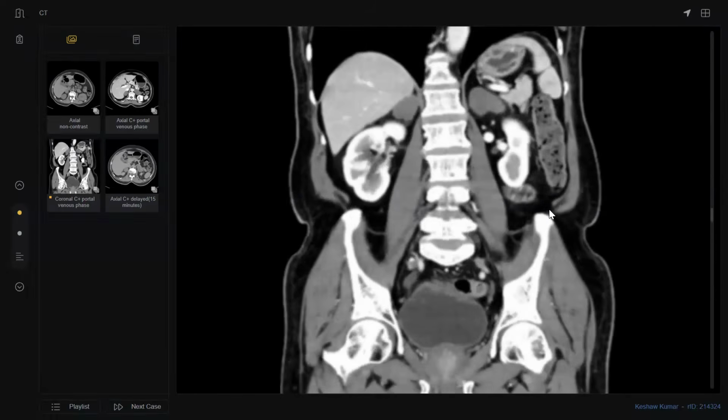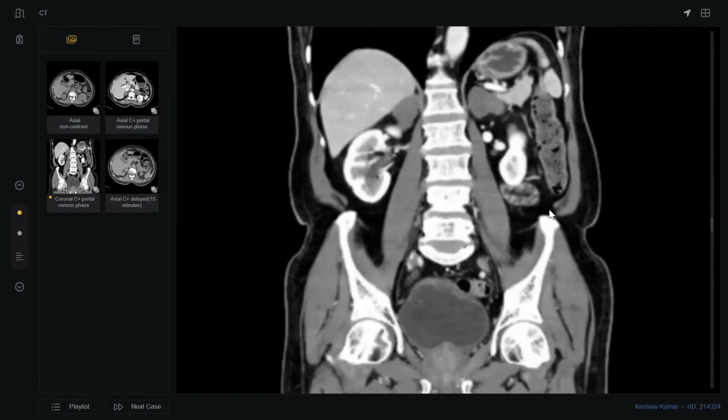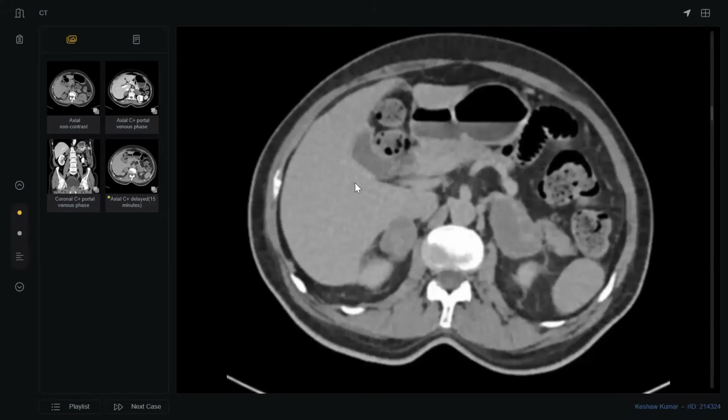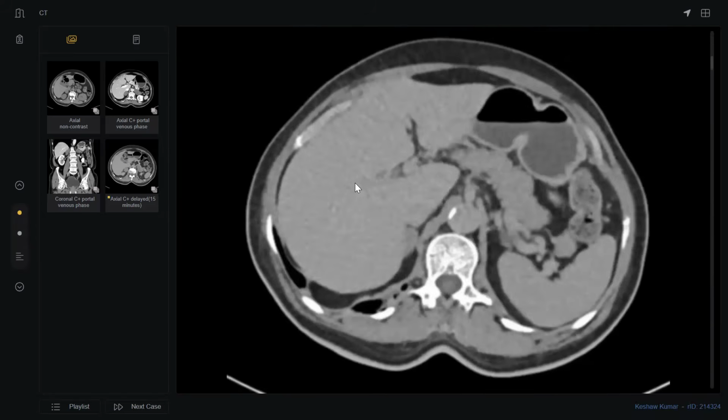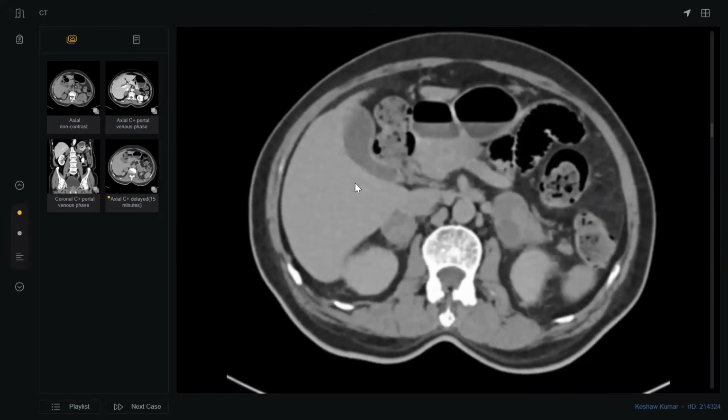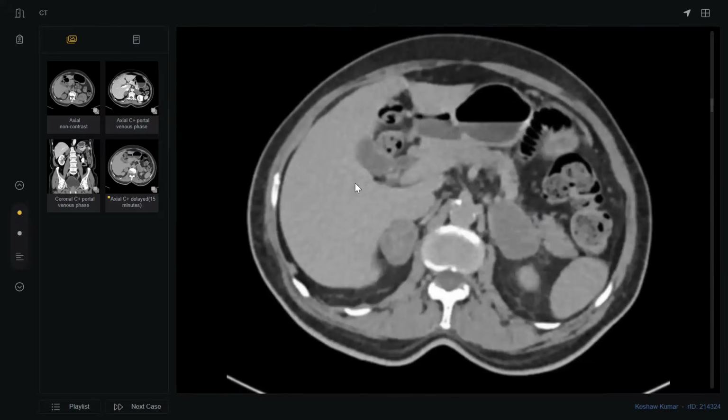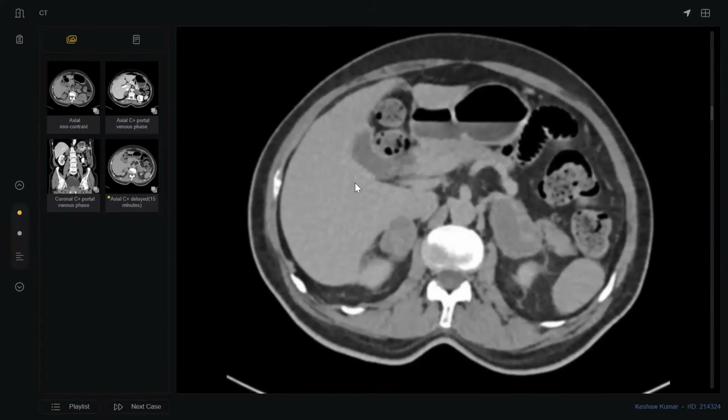This could represent adrenal lesions. I want to see some areas that are low attenuating, which could be fat-containing lesions. No fat, doctor, one second, no fat was in it. Look here, what happened here? Look here. This is the delayed phase.